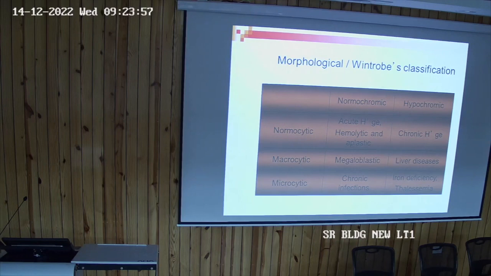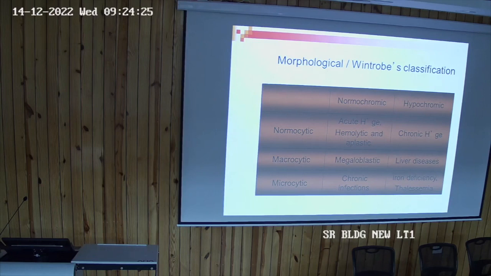Other than this, the average lifespan has to be complete. So if there is any sort of hemolysis, or any problem in the bone marrow, which is the main site where erythropoiesis or hemopoiesis takes place. Clear? Keeping this concept in mind, we study the classification.